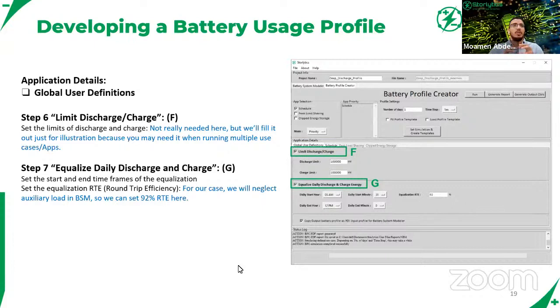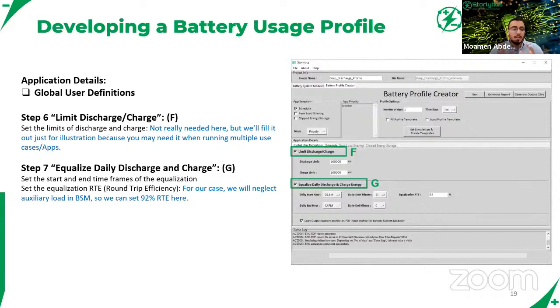So if you want to discharge 100 megawatt hours during a day, that does not mean that you want to charge just 100 megawatt hours a day. There are losses, and the efficiency of the battery itself must be taken into consideration. And here we are assuming no auxiliary loads in our case.